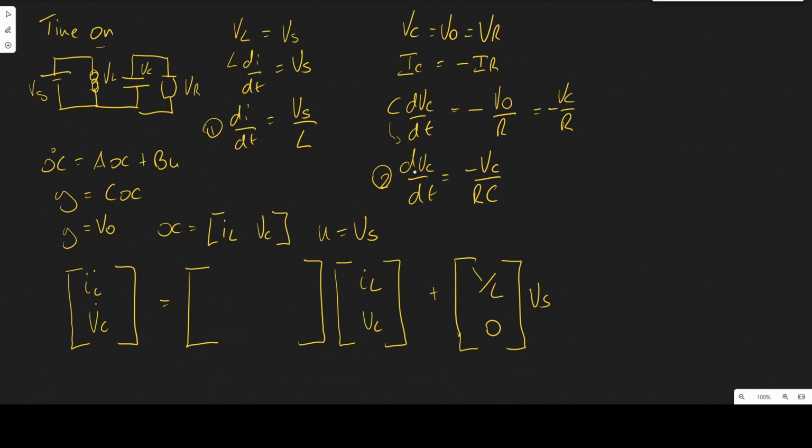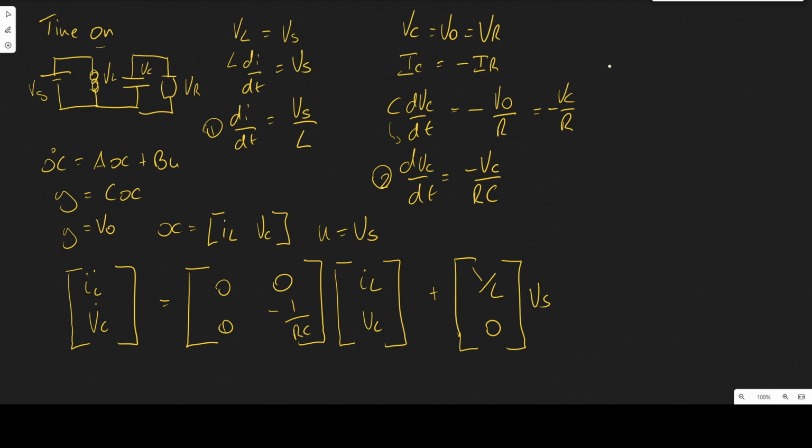And for the second part, the derivative of the capacitor voltage is equal to minus Vc all over RC. So minus Vc all over RC, and the others would be equal to 0.